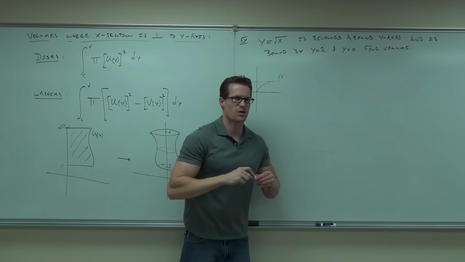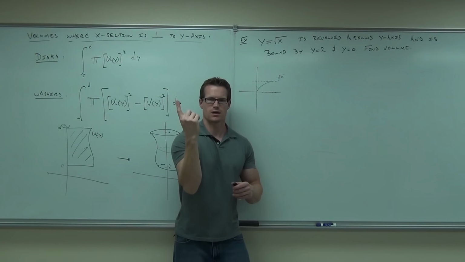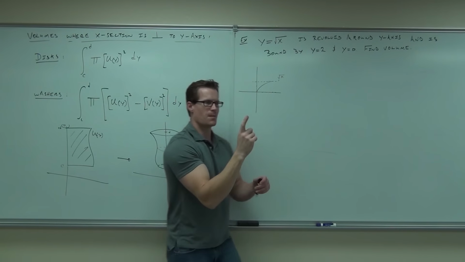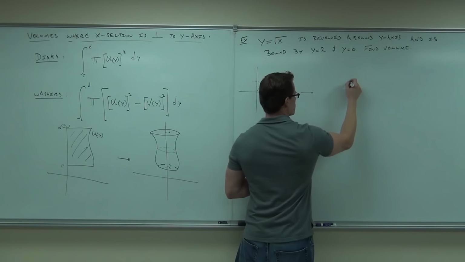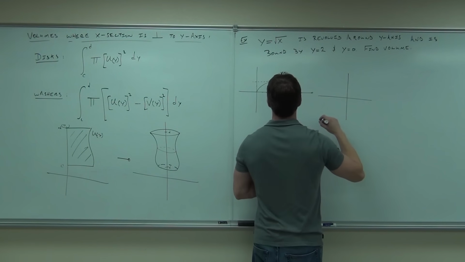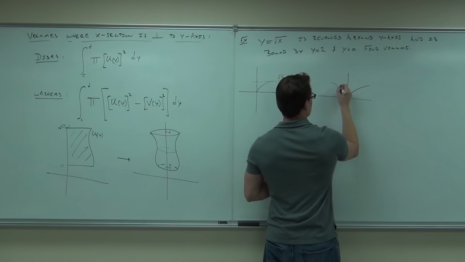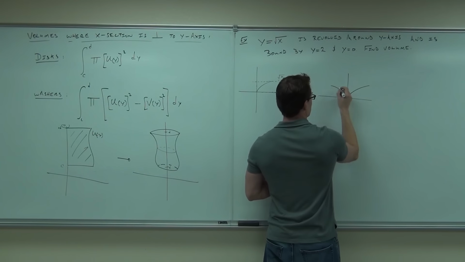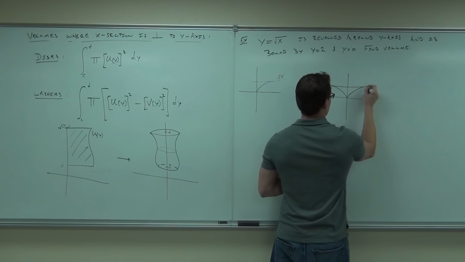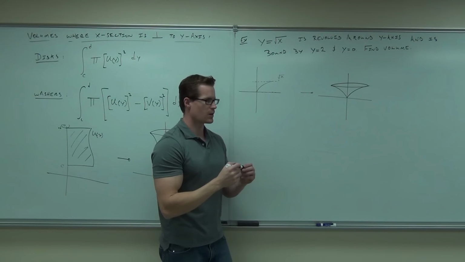Now here's the problem. Am I going this way or this way? It says around the y, so I'm basically taking this shape and making that shape out of it.